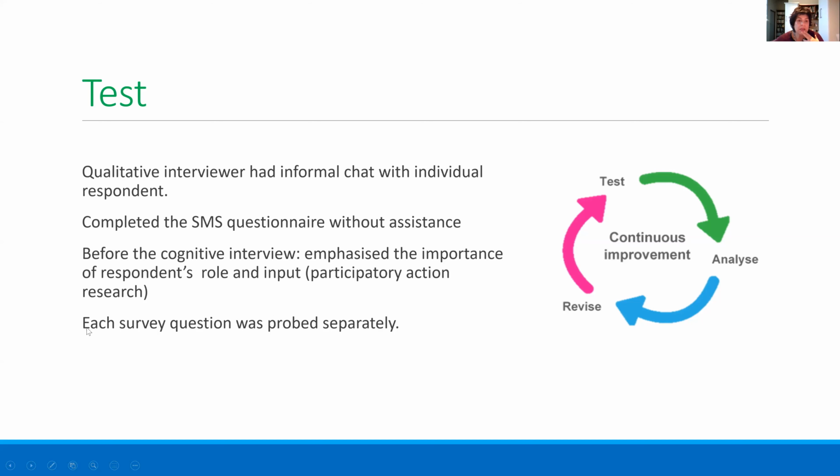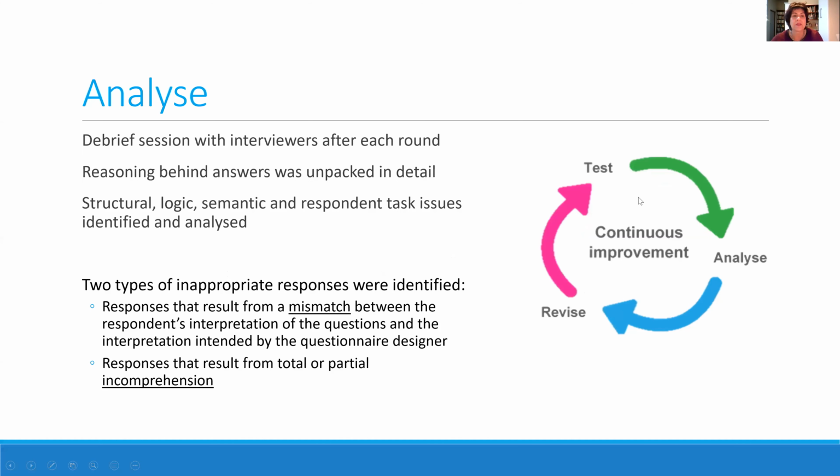And then we tested each question. We probed it separately to understand exactly what's going on. So that is the test phase that we did. Then next, the analysis. We debriefed each interviewer immediately after each round.